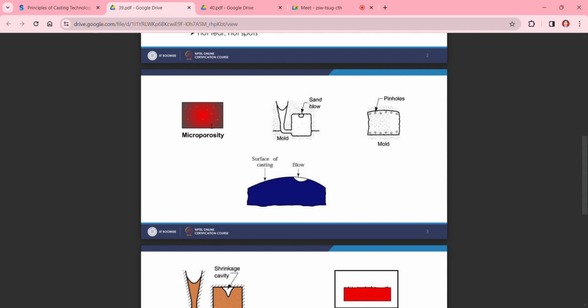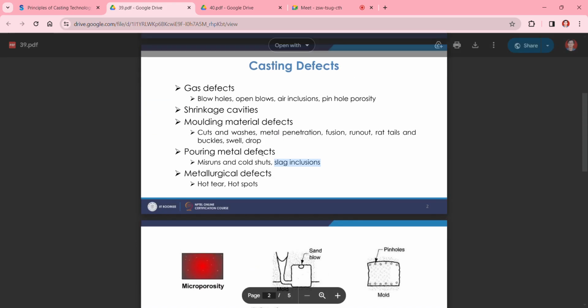That microporosity can create huge problems whenever you are going with pressure applications, because you will not be able to use that material, as it will not help you with the strength.